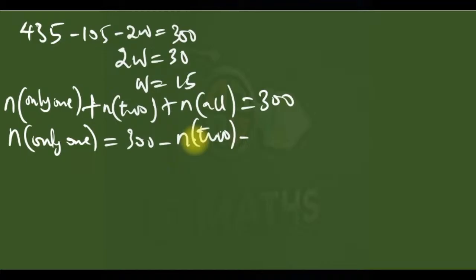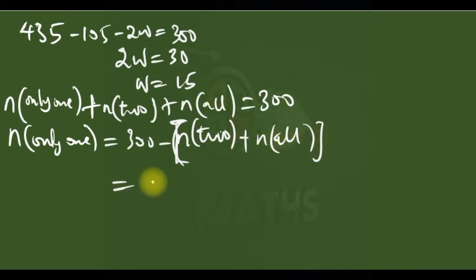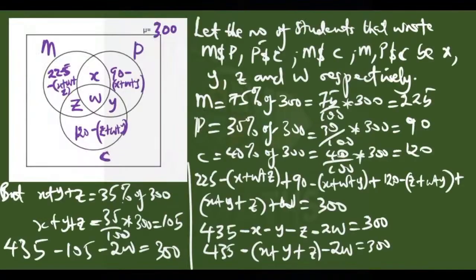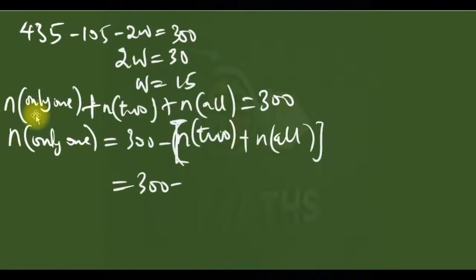So we are asked to find the number that wrote only 1, which is now 300 minus the number that wrote 2, minus, okay, maybe plus the number that wrote all. So which is 300 minus how many students wrote 2 from our calculation, that is X plus Y plus Z, is 105, plus how many that wrote all, which is W, 15.